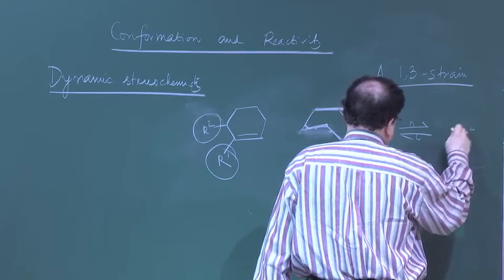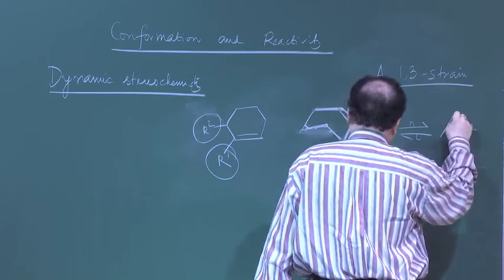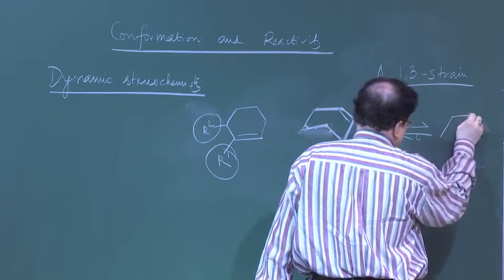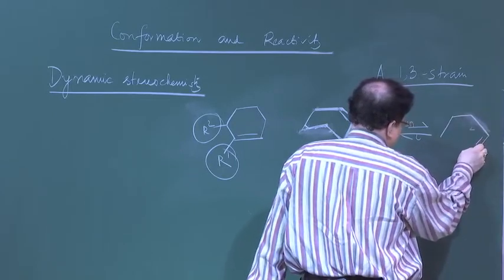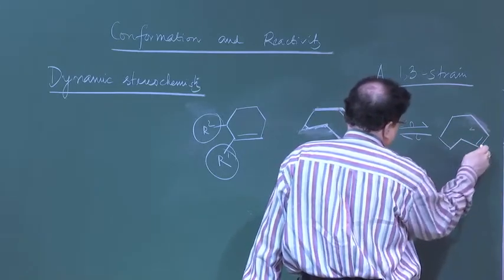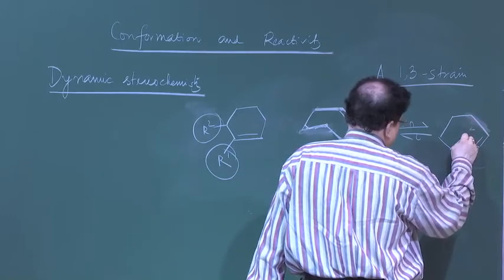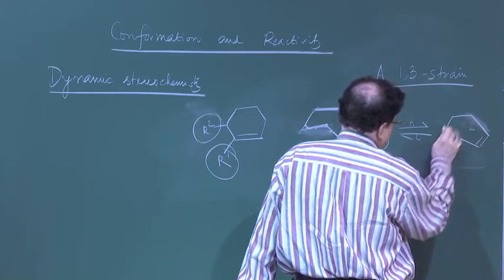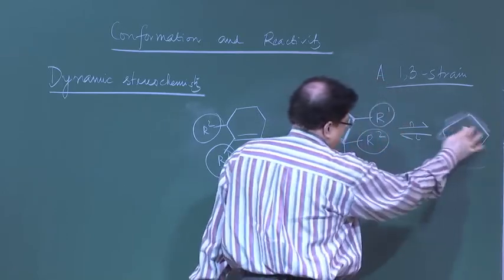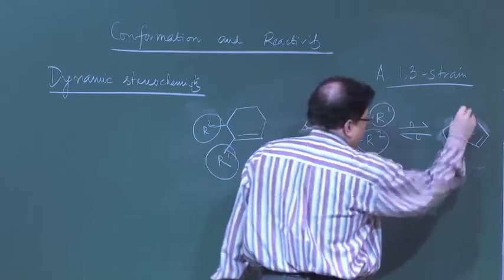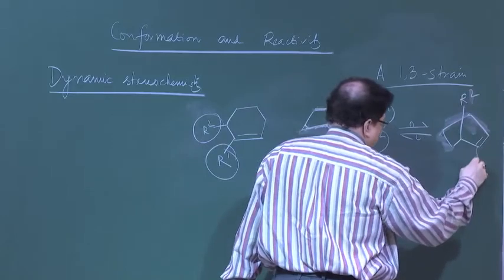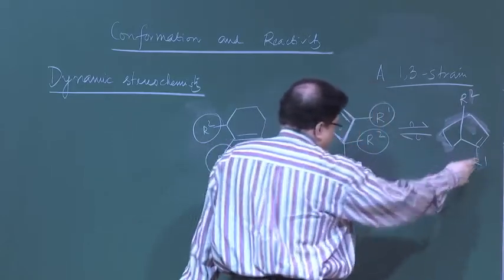So, it takes a conformation 1, 2, 3, 4, 5, 6, 7, see this is 7. So, something like this, that is the flipped form, and R2 goes to the top, and this is the R1. So, this is the flipped form of the cyclohexene.